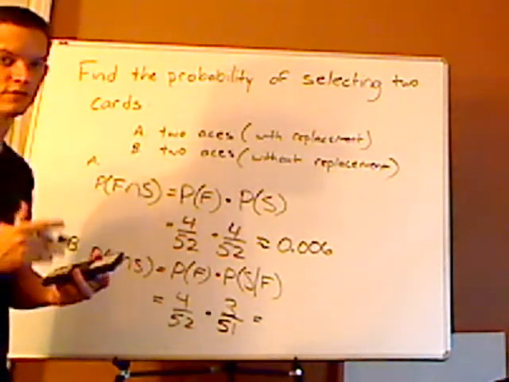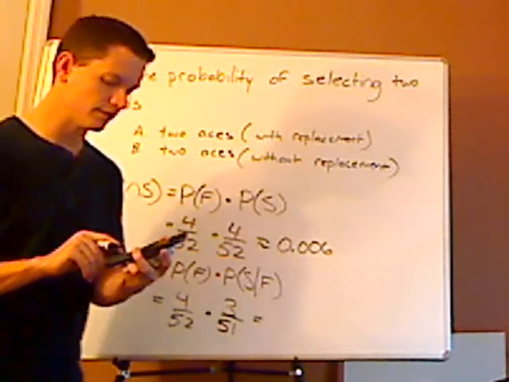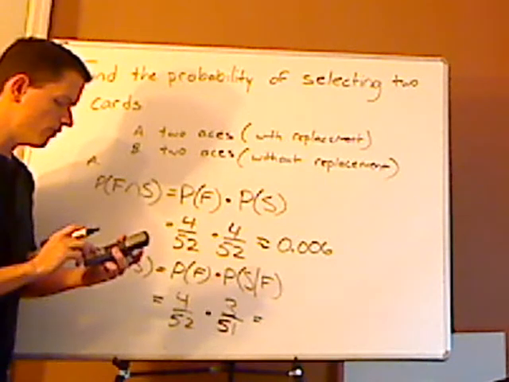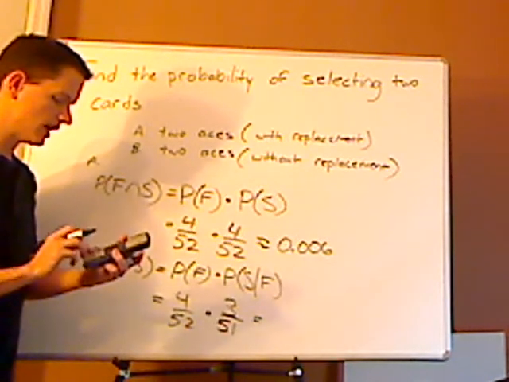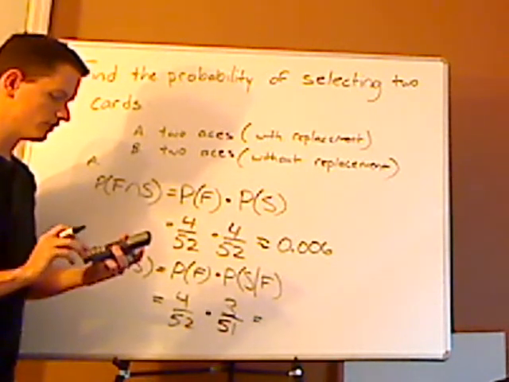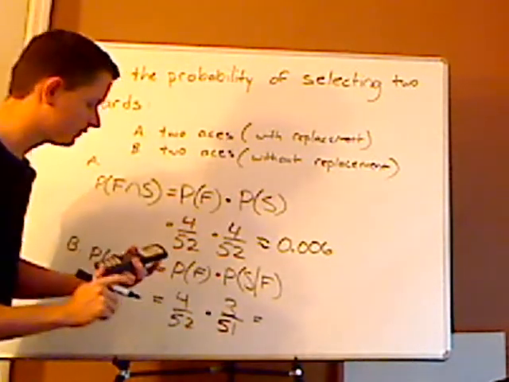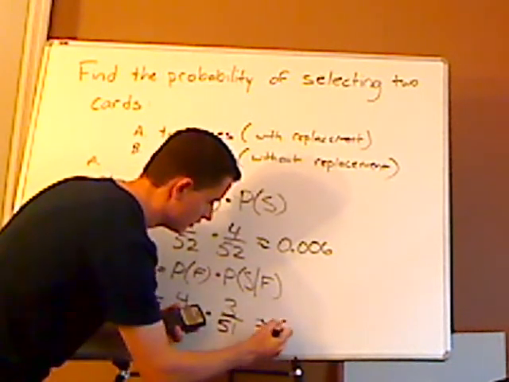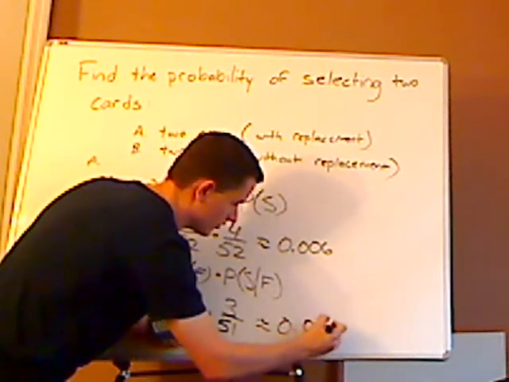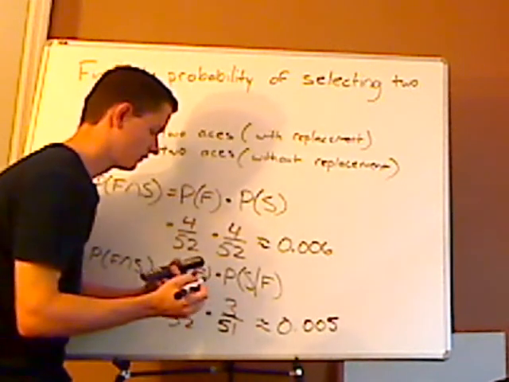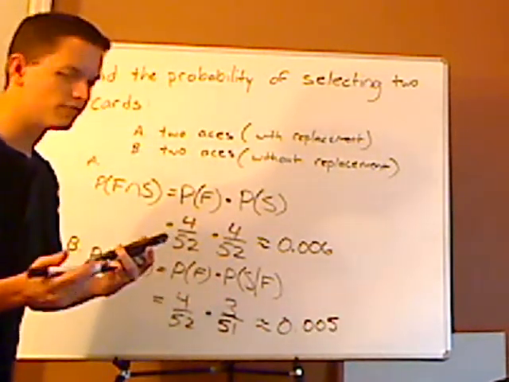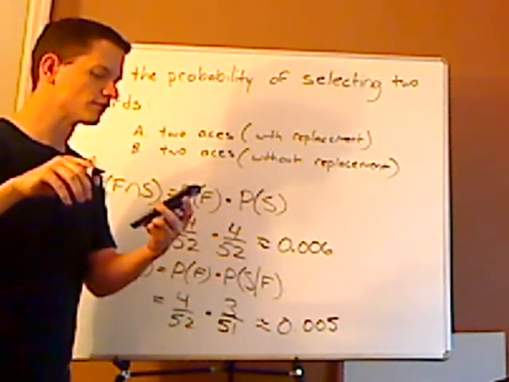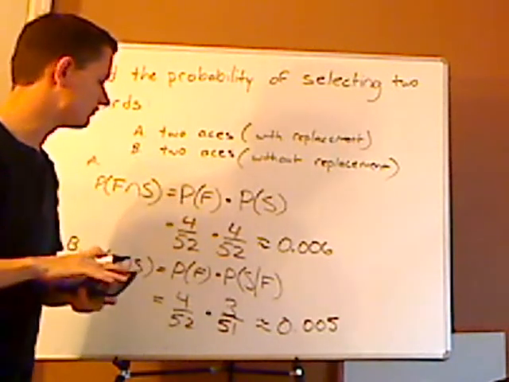So open parentheses 4 times 3 close parentheses, divided by open parentheses 52 times 51 close parentheses, and I get approximately, to 3 decimal places, 0.005. It's 4-5, so you take the 5 and round up, and so the third decimal place would round up to a 5.